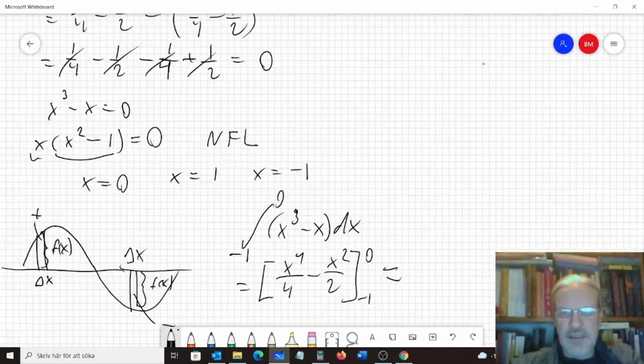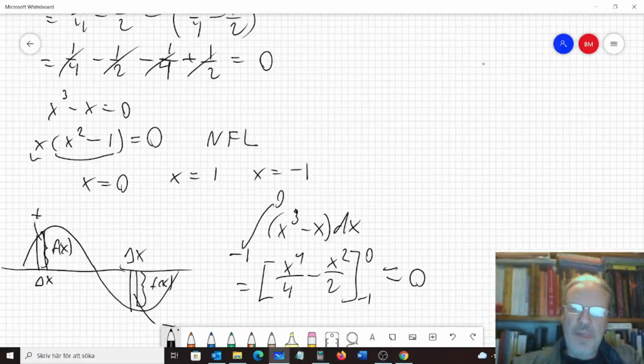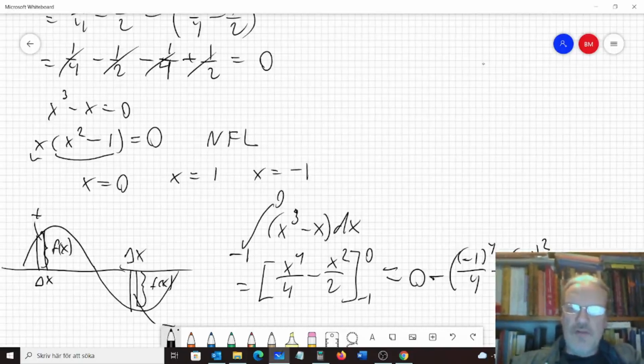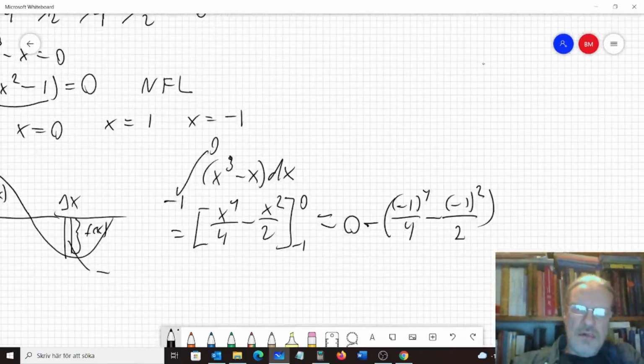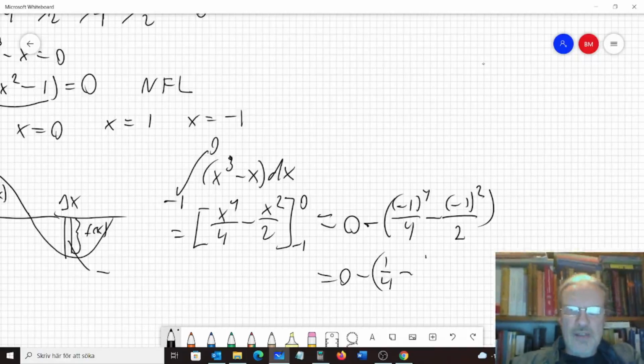We first plug 0 into this, that will become 0 minus bracket -1 to the power of 4 over 4 minus -1 to the power of 2 over 2, and this will become 0 minus 1/4 minus 1/2, that is -1/4 plus 1/2, right?